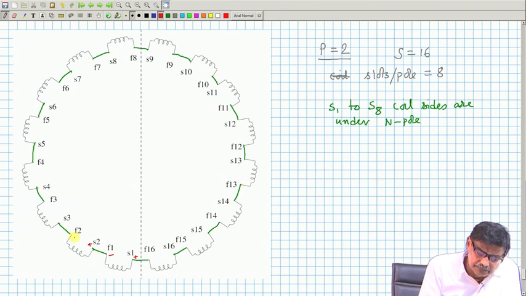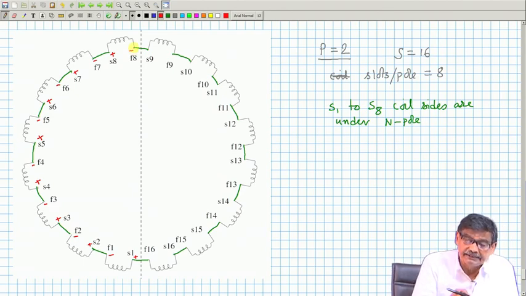That is how I have made the windings, plus minus, plus minus, and so on.